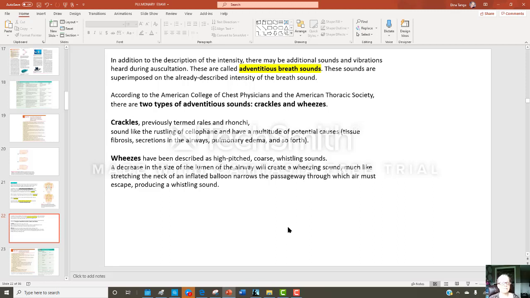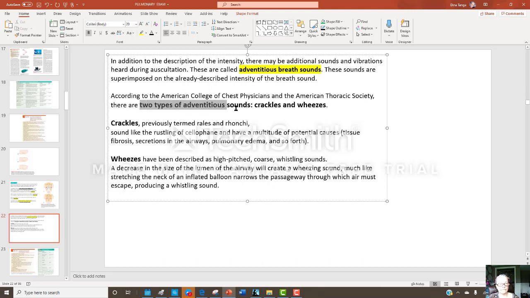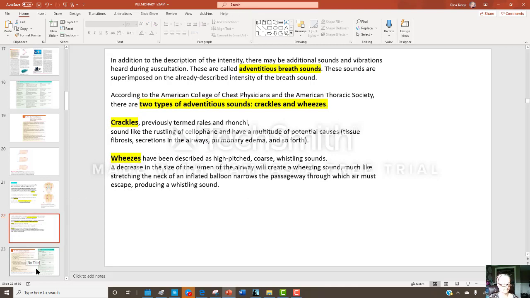A decrease in the size of the lumen of the airway will create a wheezing sound, much like stretching the neck of an inflated balloon narrows the passageway through which air must escape, producing a whistling sound. Very interesting. So, two adventitious sounds, which are crackles and wheezes.